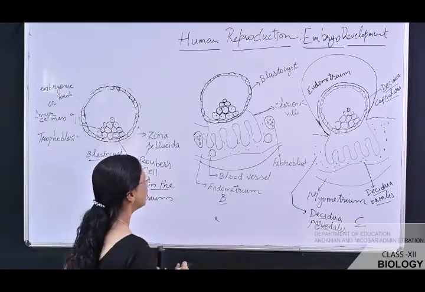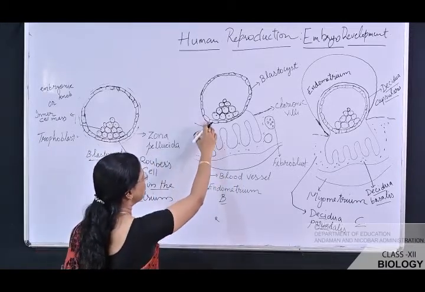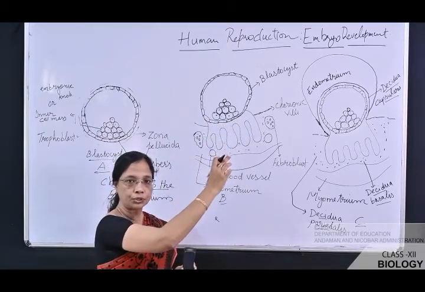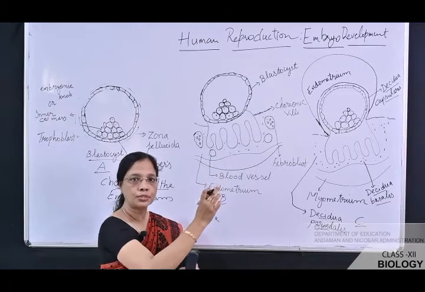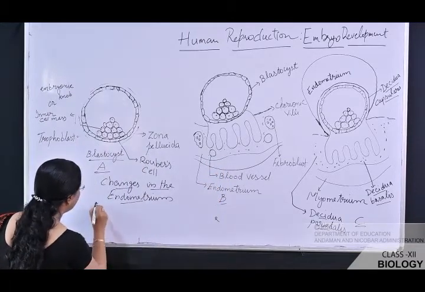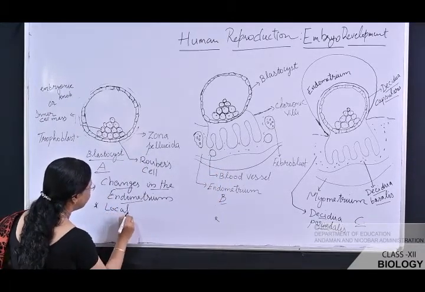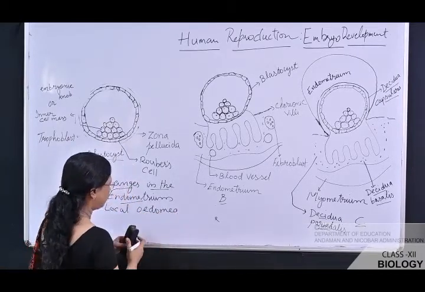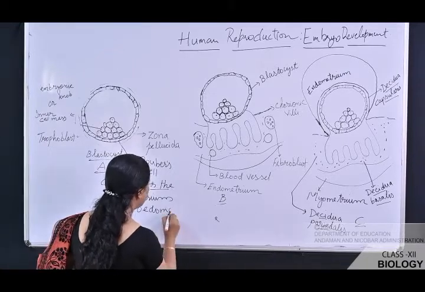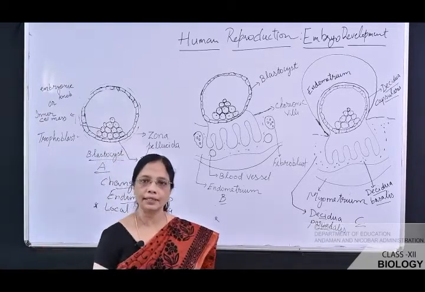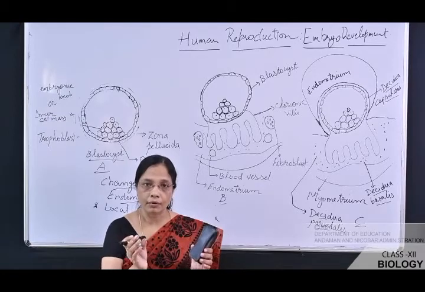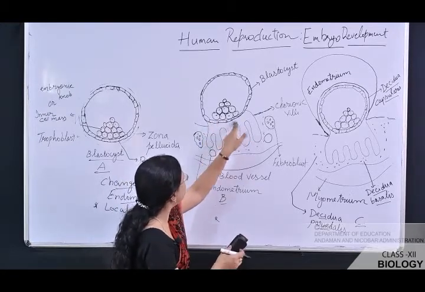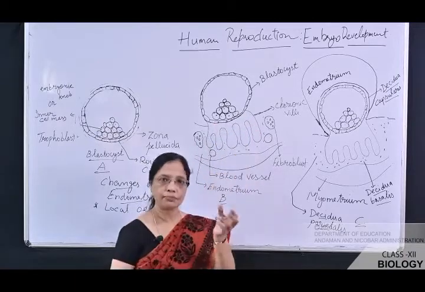The first change: where the trophoblast attaches with the endometrial tissue, that region shows a local edema. What do you mean by that? That means the region swells.